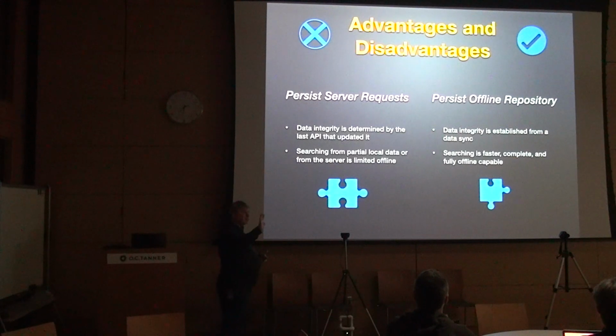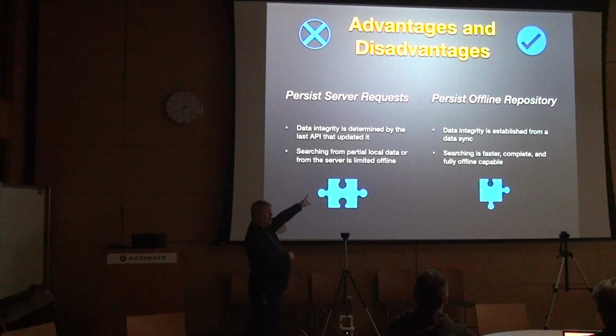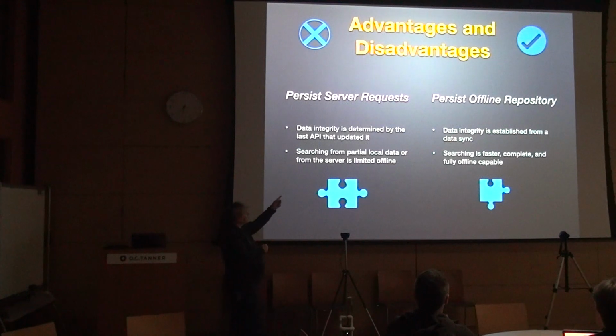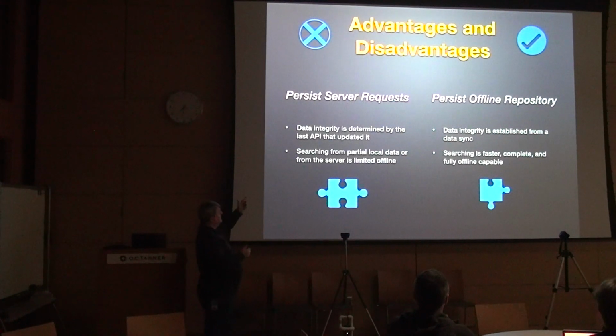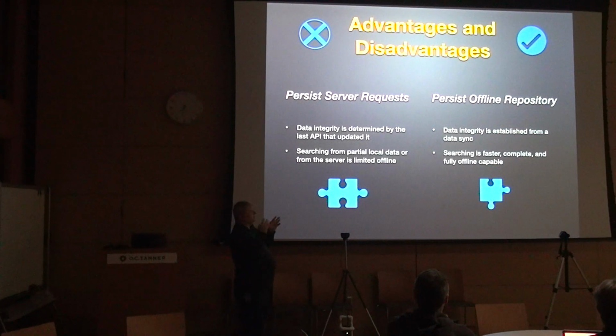That could easily be 5 different APIs controlling one record inside an entity in your core data. Whereas if you approach it like an offline repository, your data integrity is saying, I'm mirroring what's on the back end, right? So it's less likely that I'm going to have something different show up.